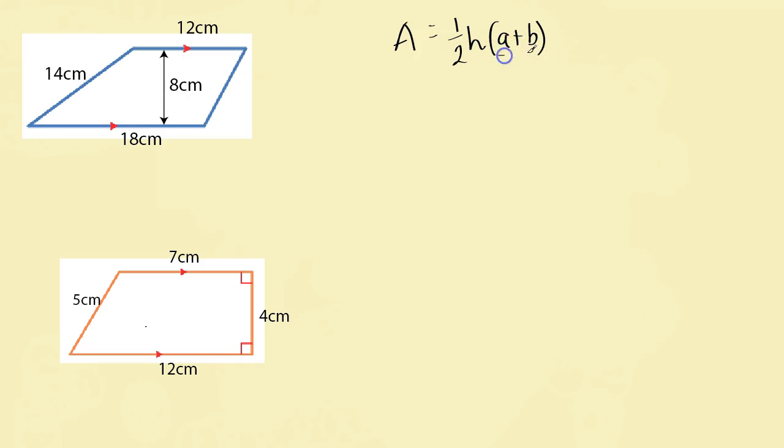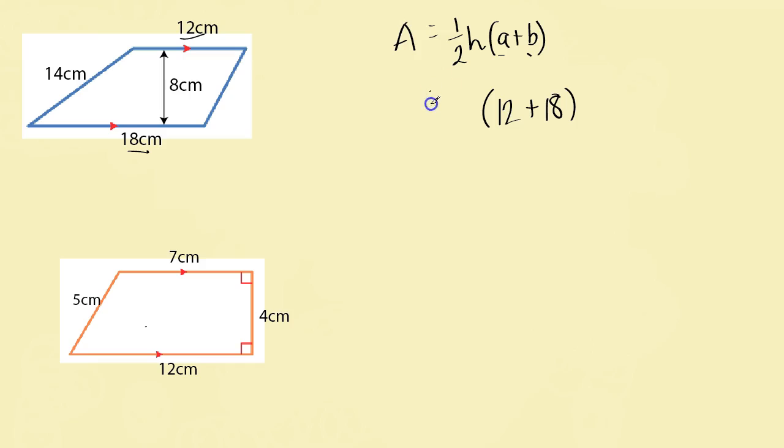Well, a and b are probably the easiest to identify because they're the lengths of the two parallel sides. So I'm going to go ahead and put those straight in. 12 and 18. I can see that the arrows here show that these are the two parallel sides. They get treated the same, so it doesn't matter which way round they go.